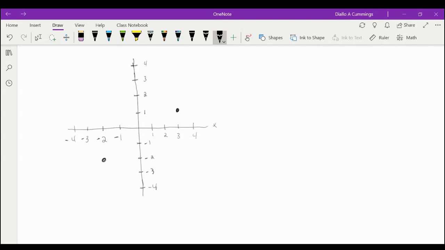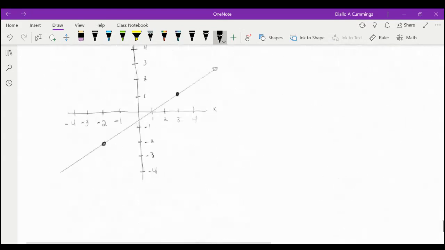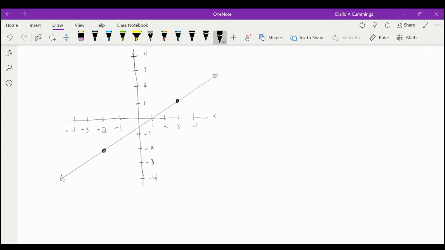And I am going to draw a line through the two points. All right, hopefully you can reconstruct this on your paper. And we're going to physically calculate the slope.